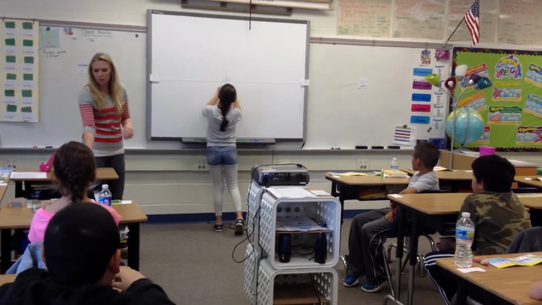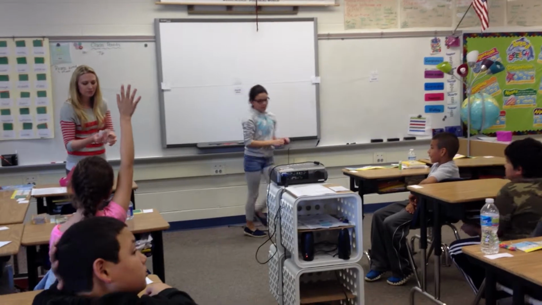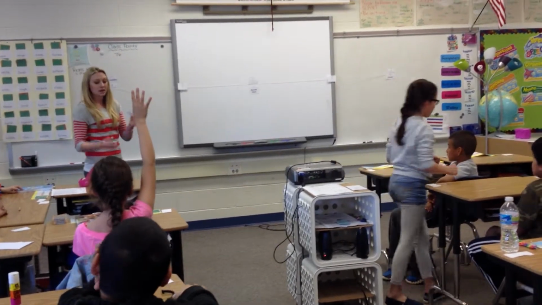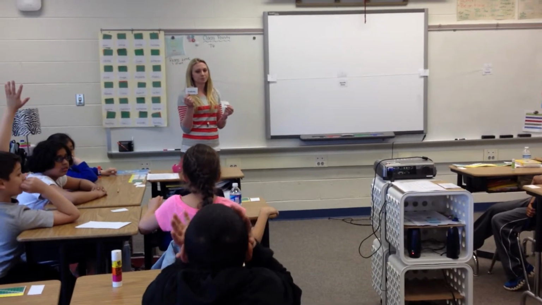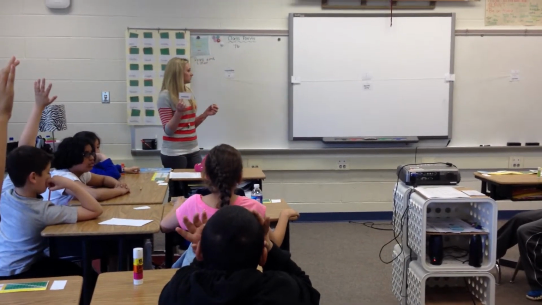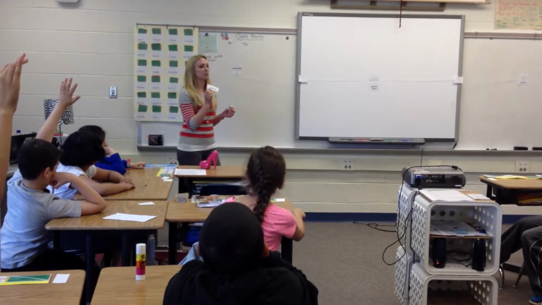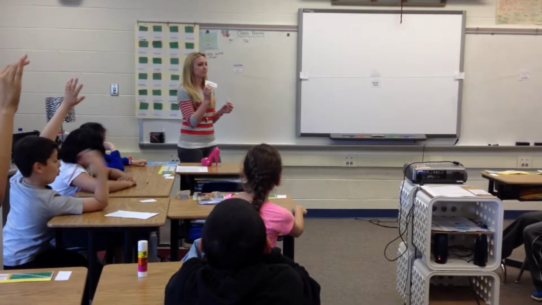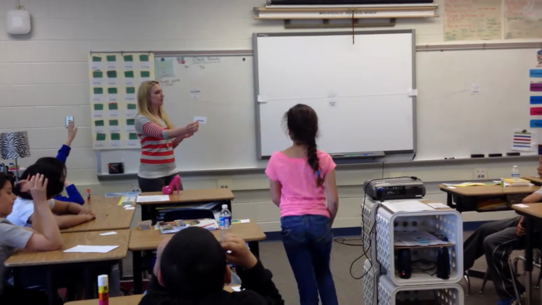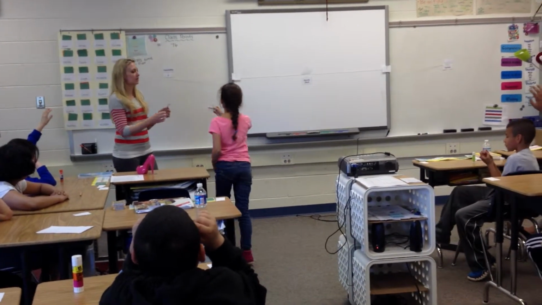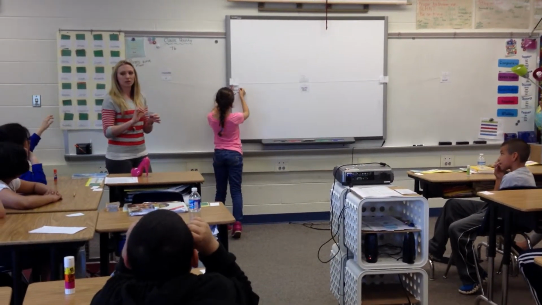And there are 2 more that we're going to put up. We're going to put up likely and unlikely. Stephanie, where do you think unlikely would go? In between 0 and 1/2. And it's going to be kind of splitting the number line evenly, just like the fractions.